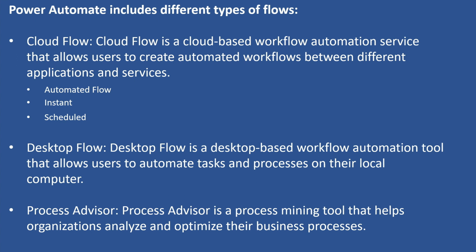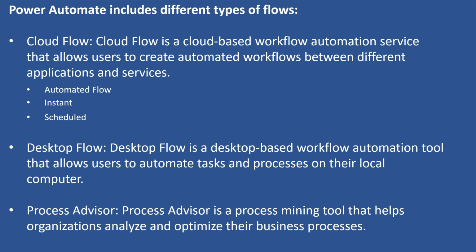Power Automate includes different types of workflows like cloud flows, desktop flows, and Process Advisor. Cloud flows is a cloud-based workflow automation service that allows users to create automated workflows. In this category, we have automated flow, and instant and scheduled flow. Desktop flow deals with desktop-based workflow automation.